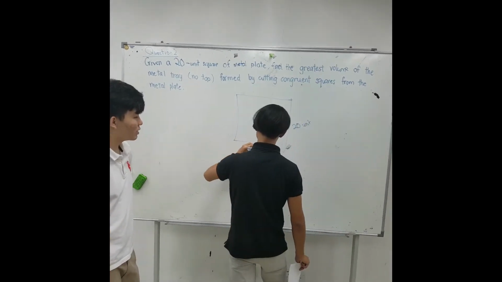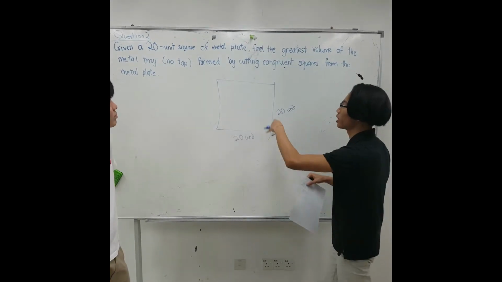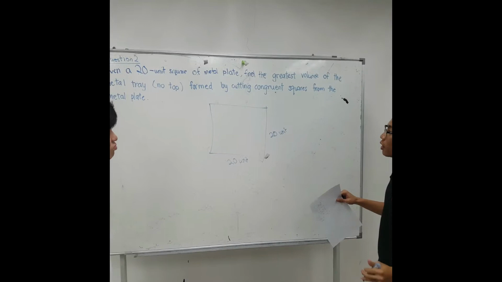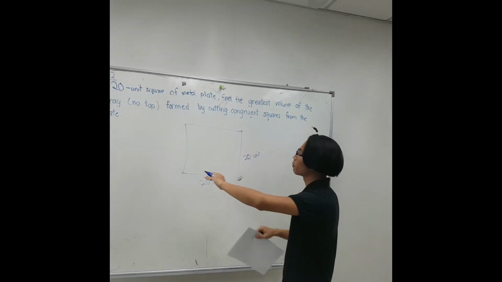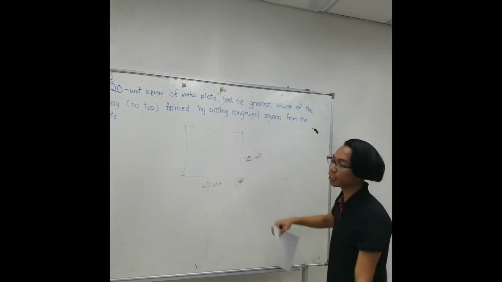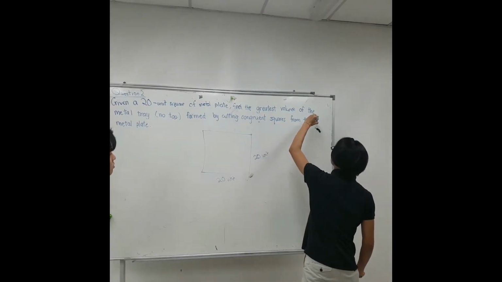So this is 20 unit too, and it's a square, so all of it is 20 unit. Okay, so then what they want is for us to form a metal tray with no top by cutting the congruent squares from the corners of the metal plate. Yeah, from the corners.